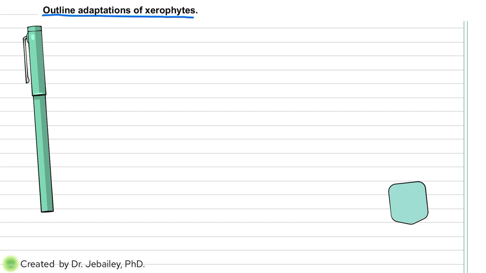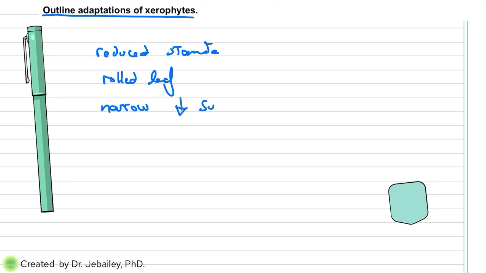Now, xerophytes is one of the requirements that you must know from 9.1, such as them having reduced stomata, and rolled leaves. If not rolled leaves, they usually can be just a stick, very narrow, so that means a decreased surface area.